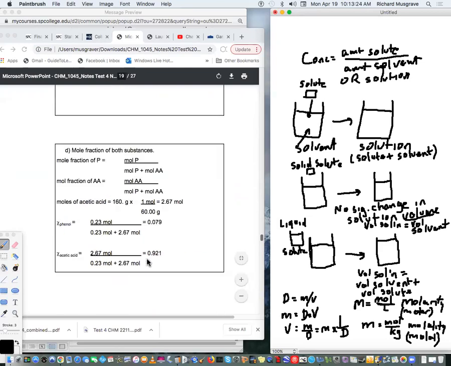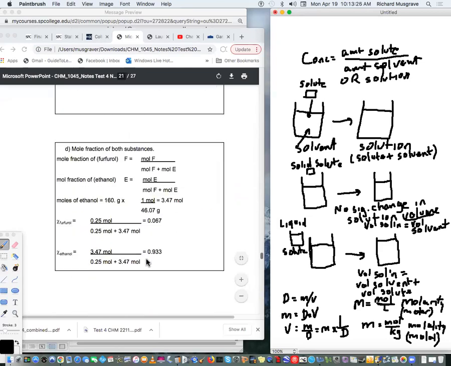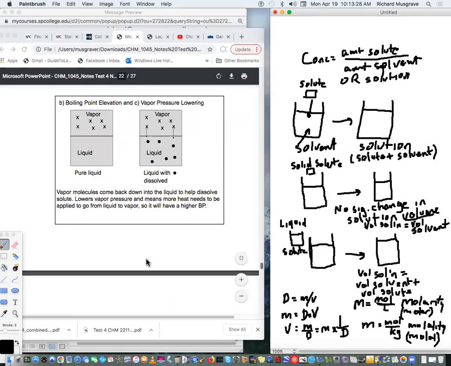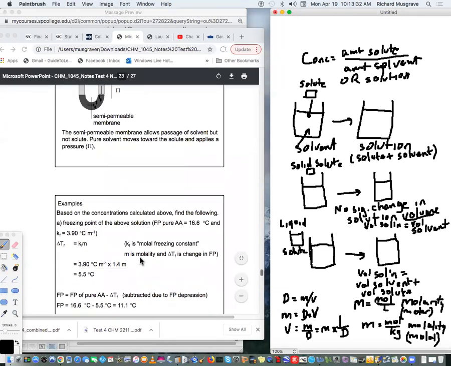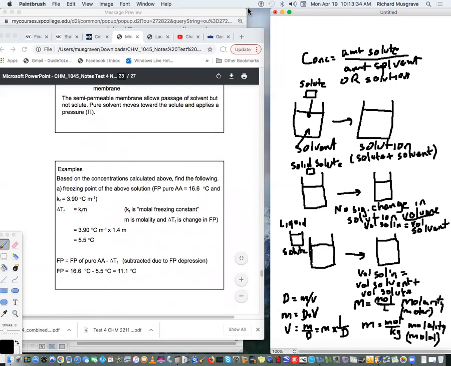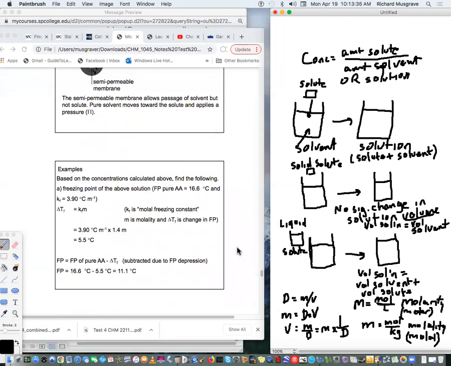Does anybody have any questions? Okay. All right, let me see how you feel about it. How do you feel about freezing point depression? 5, 4, 3, 2, 1, 0.